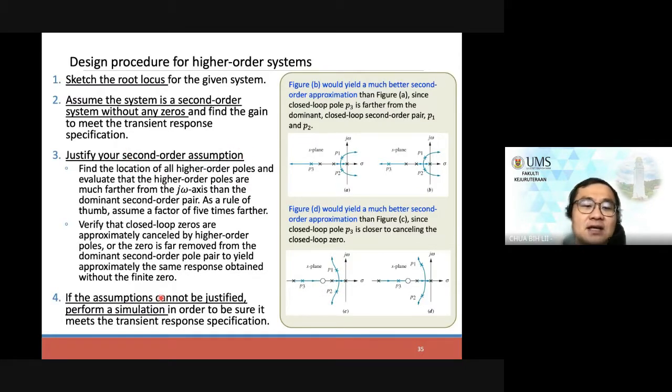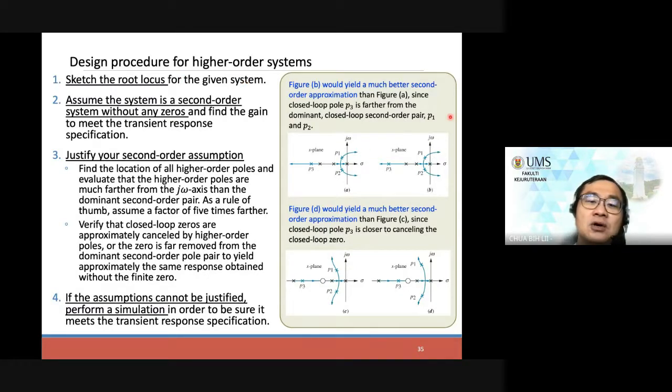If the assumption cannot be justified, then perform the simulations, meaning put it into Simulink or Xcos. But nowadays you can just skip this. If you are in front of a computer, you get the K value, just simulate it. It's very straightforward. So this is how you can do it.